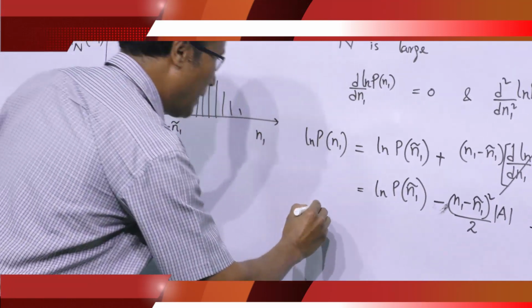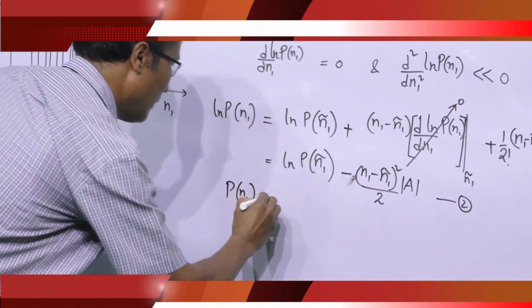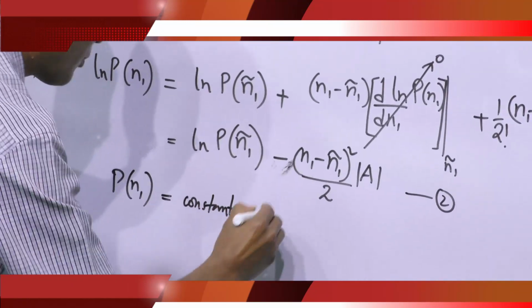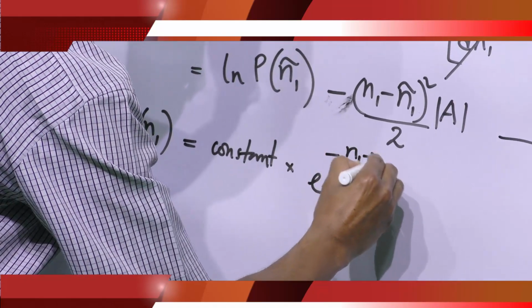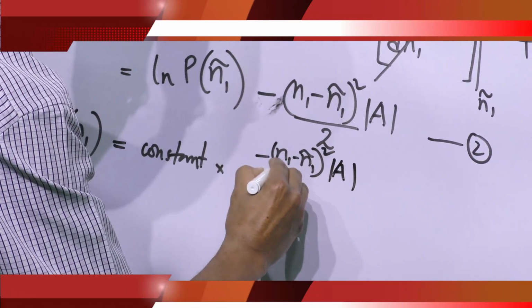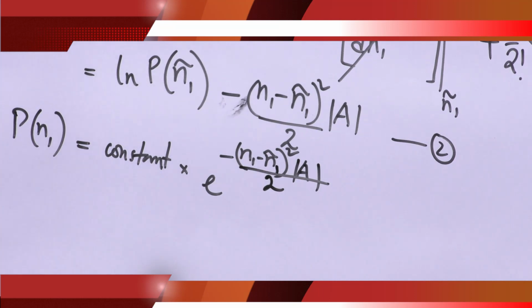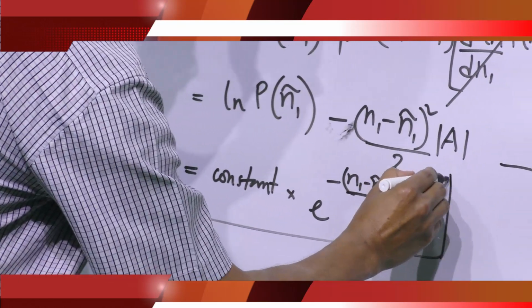Then from this P(n1) can be expressed as some constant times exponential of e to the power minus (n1 minus n1 tilde) squared modulus A divided by 2. Let's call it equation number 3.